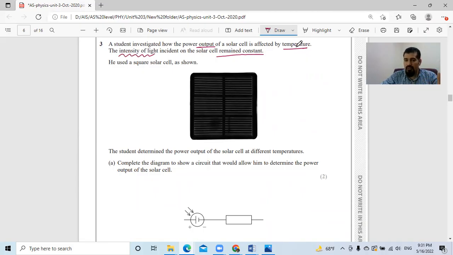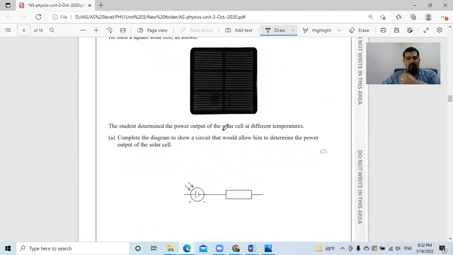We change the temperature of the solar cell to investigate what happened to the power, is it affected by the temperature or not? He used a square solar cell. The student determined the power output of the solar cell at different temperatures.